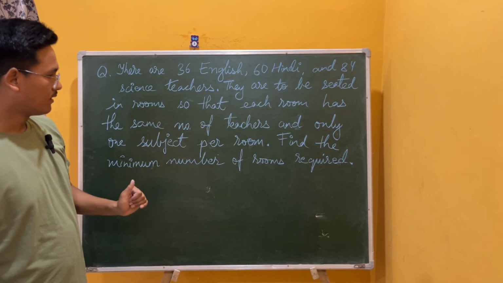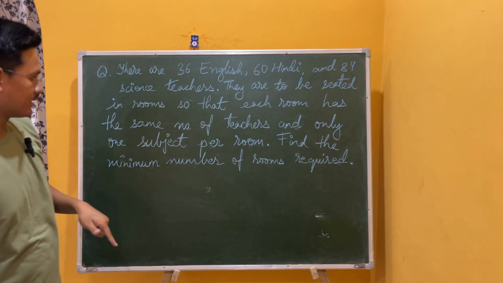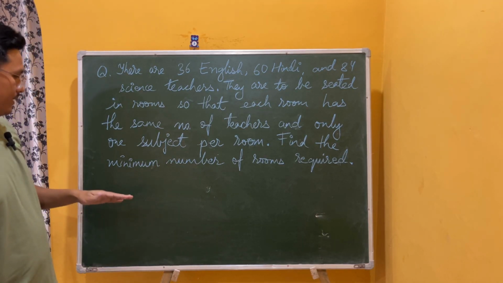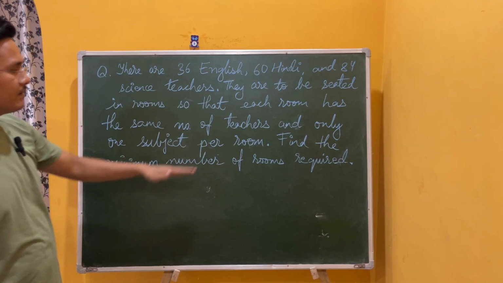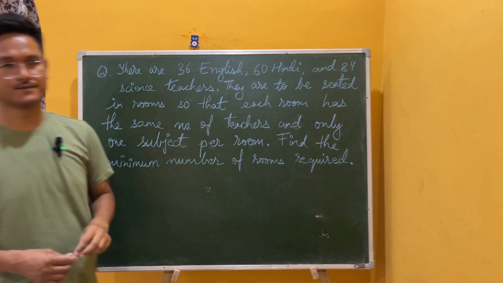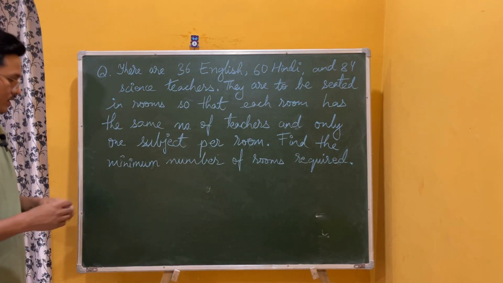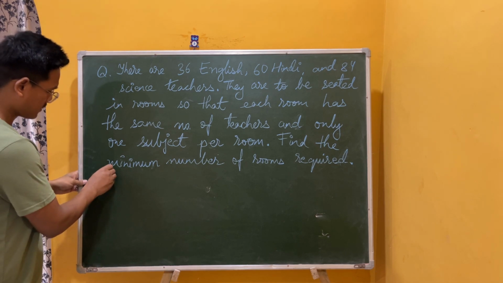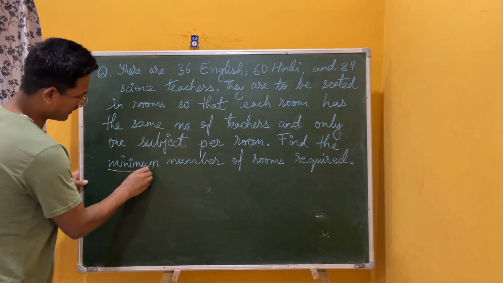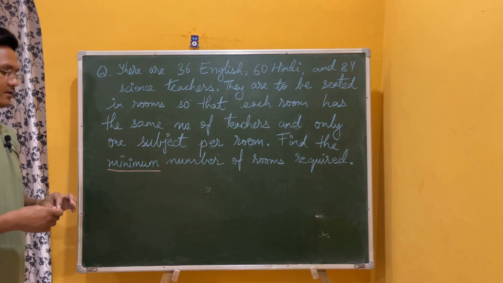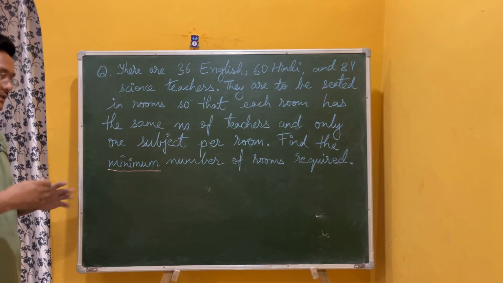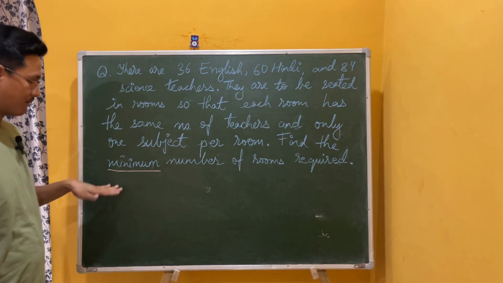Okay, but in this case what they are asking is to find the minimum number of rooms required. So you might get carried away by this word minimum. When it is HCF, it is maximum, right?